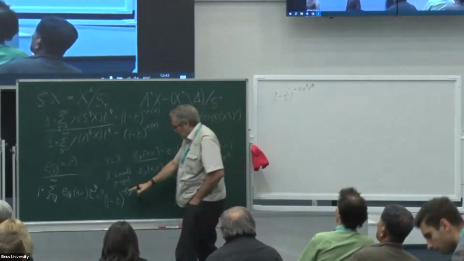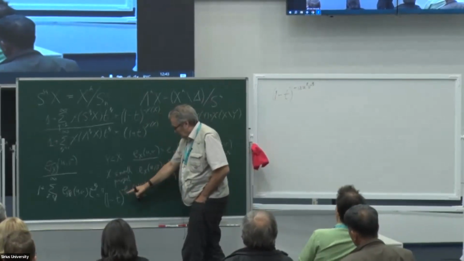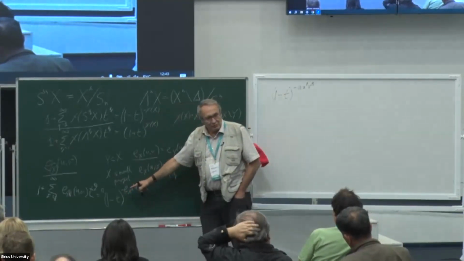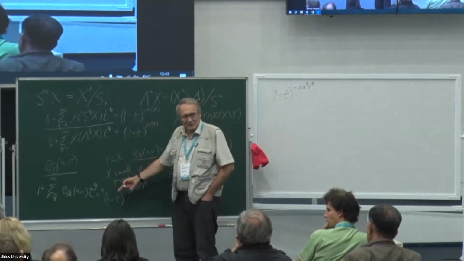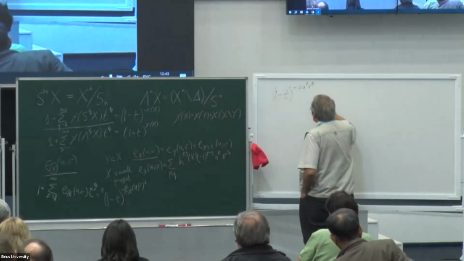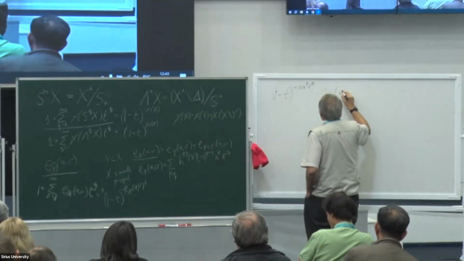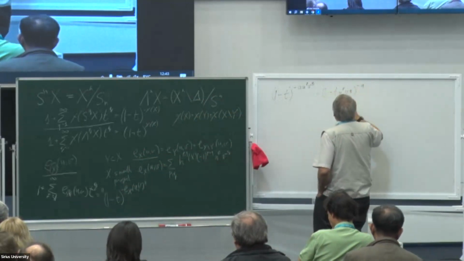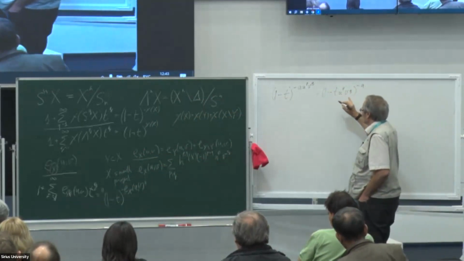So when you write an equation like that, of course you mean that if here is a polynomial, to define this value, this series, you need only define it for monomials, because the polynomial is a sum of monomials, and (1 minus t) to the power of a sum of something is a product of these. So what you have to define, and this means the following, is that this is (1 minus t u^p v^q) to the power minus a, where now everything is defined in the usual sense.